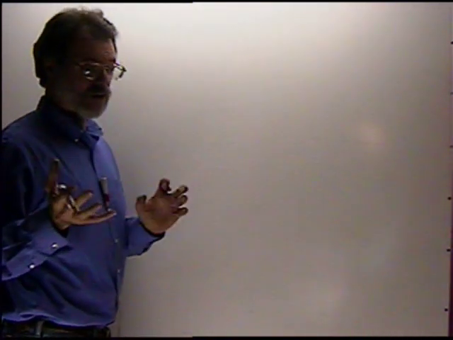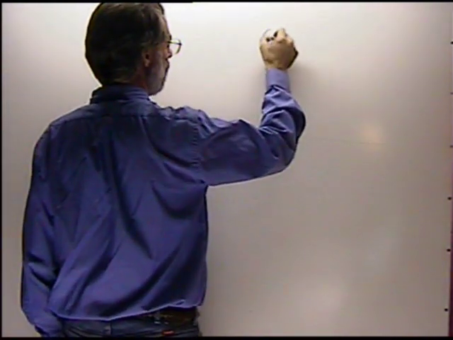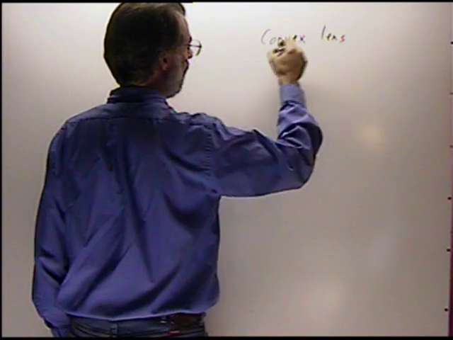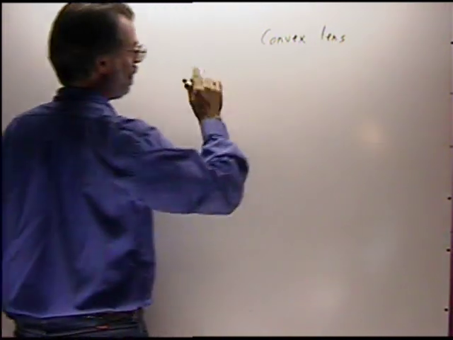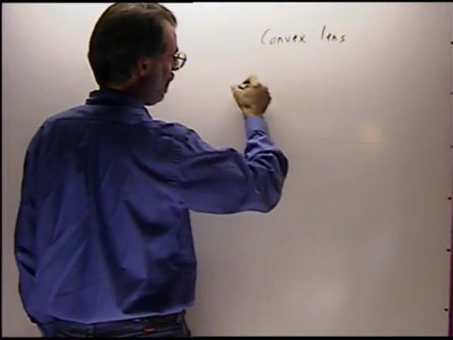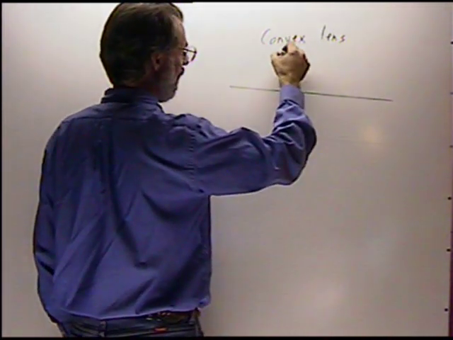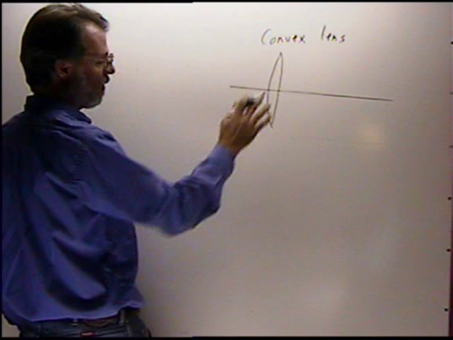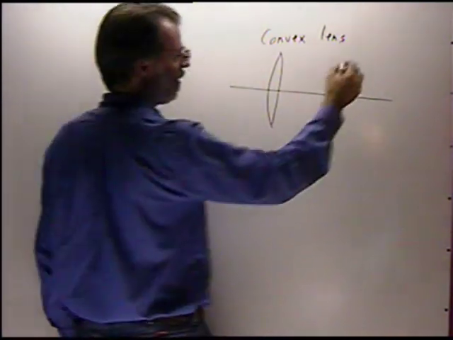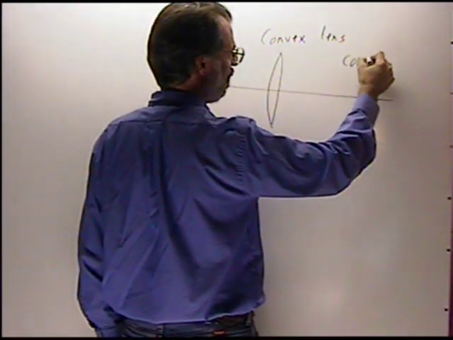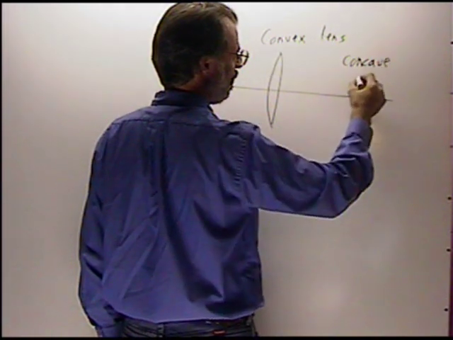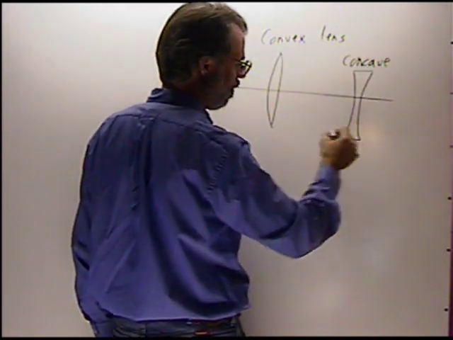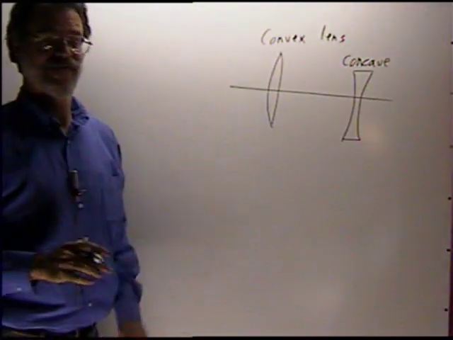Again, lenses come in two general varieties. We have what's called a convex lens, where the optic axis looks like this, bigger in the middle and smaller to the sides, versus a concave lens, where it's thinner in the middle and bigger on the sides.